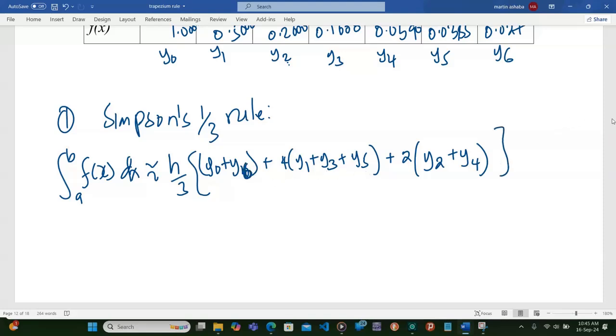And that's all. So what I do, I am going to substitute in my values.